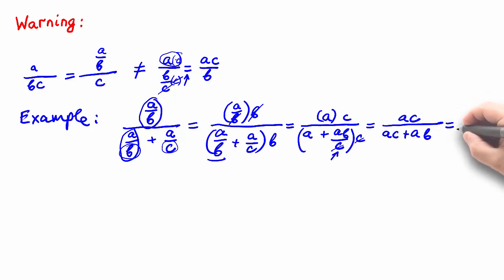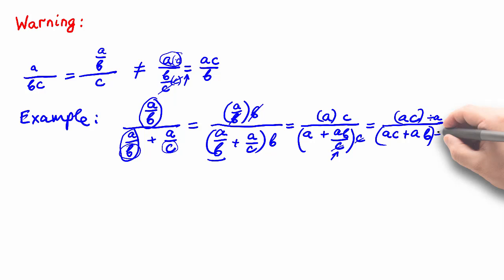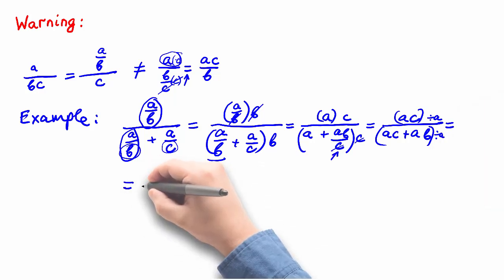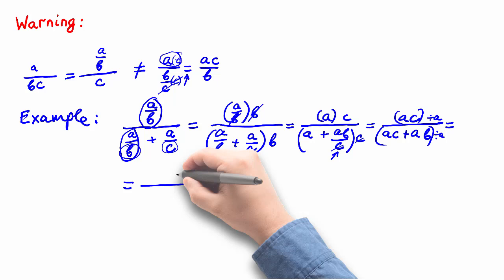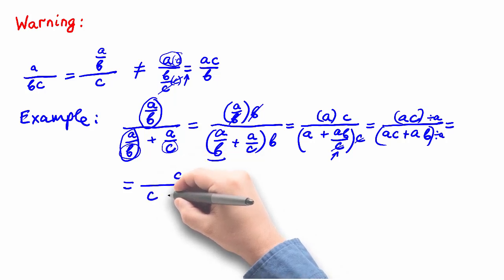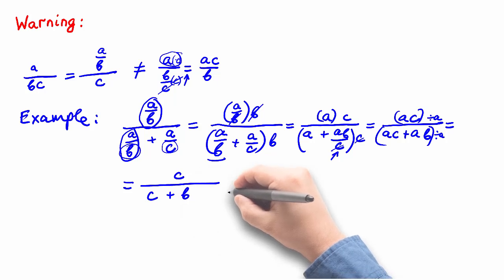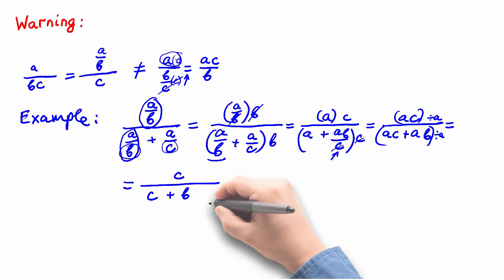Now I can simplify it even more by dividing numerator and denominator by a. By the same thing, I have to use the same variable. So this is what I will get from that. It will be c plus b. And this could be the final answer.